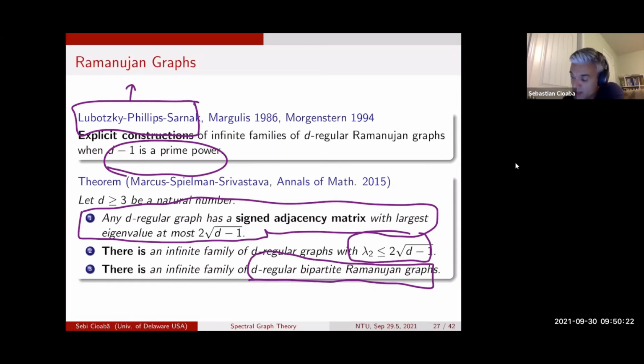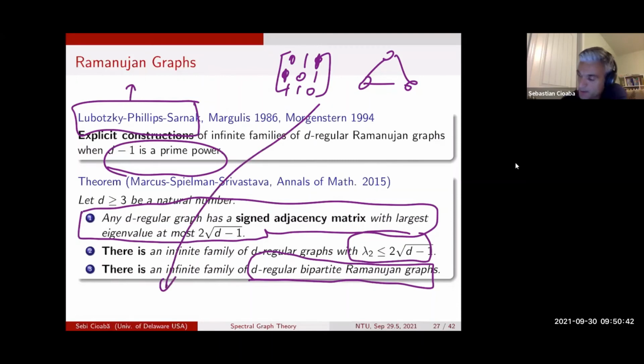Now, what is that? You're taking any d-regular graph, and you could take, for example, the simplest one like this, and you have the adjacency matrix, and it says that you can change some of these ones to minus ones, like this, such that the largest eigenvalue is at most what you want.